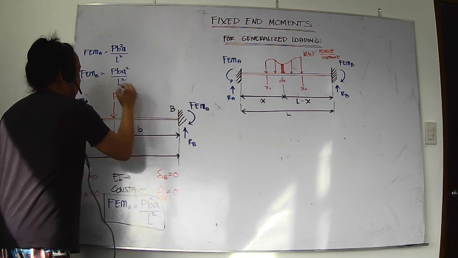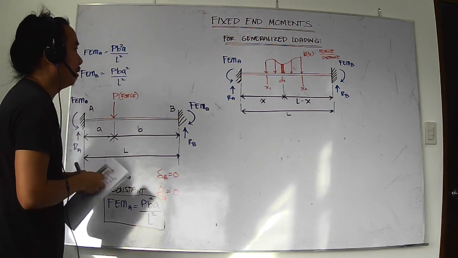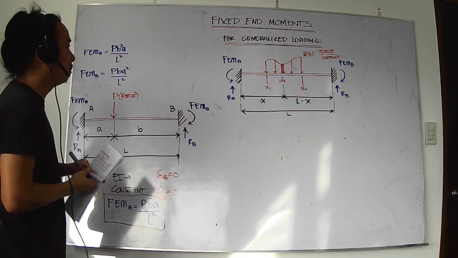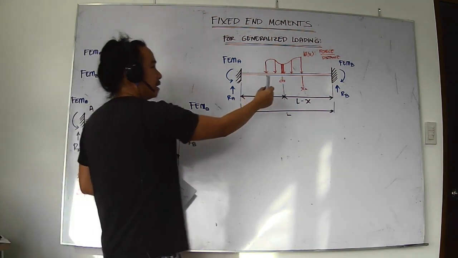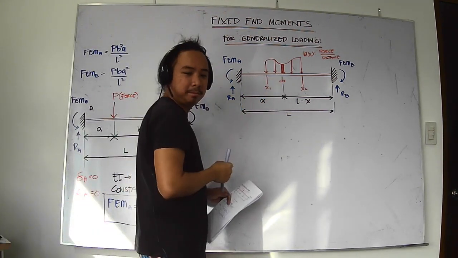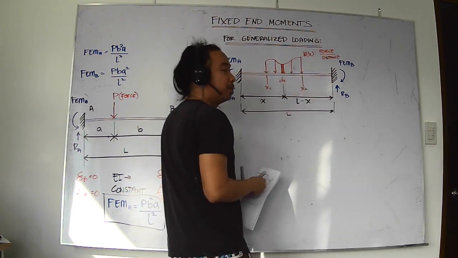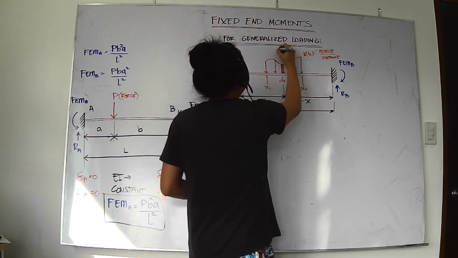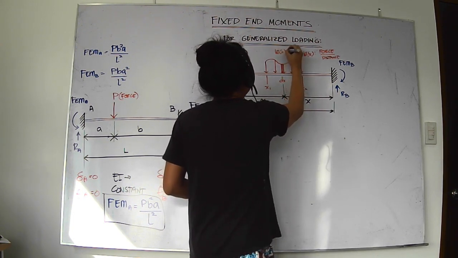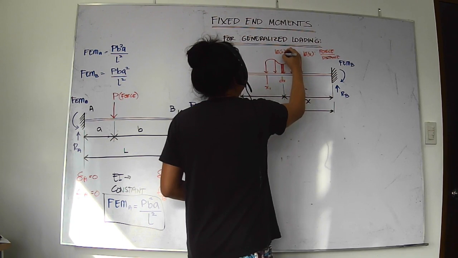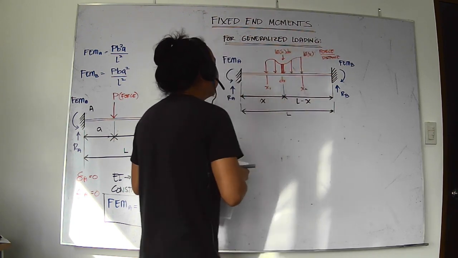I need to multiply by something so that it becomes purely force. dx is distance. If you multiply that, you get force. So in other words, we could say wx dx is the equivalent force.